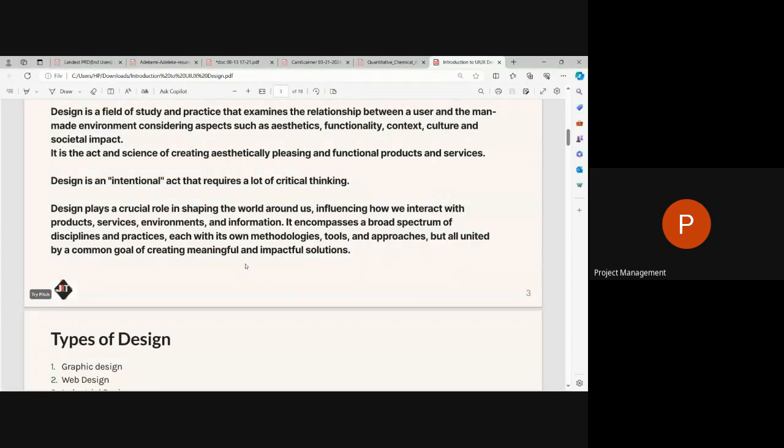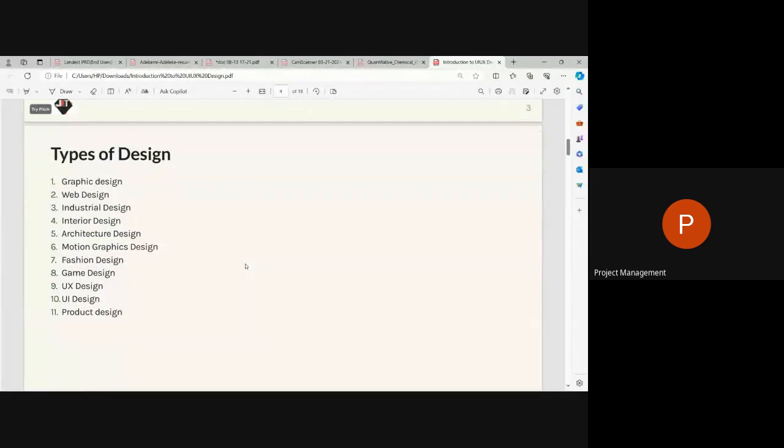Like I said earlier, there are different ways by which you can design things. So we have types of design. Firstly, design is applicable to various disciplines. The first one is graphic design.